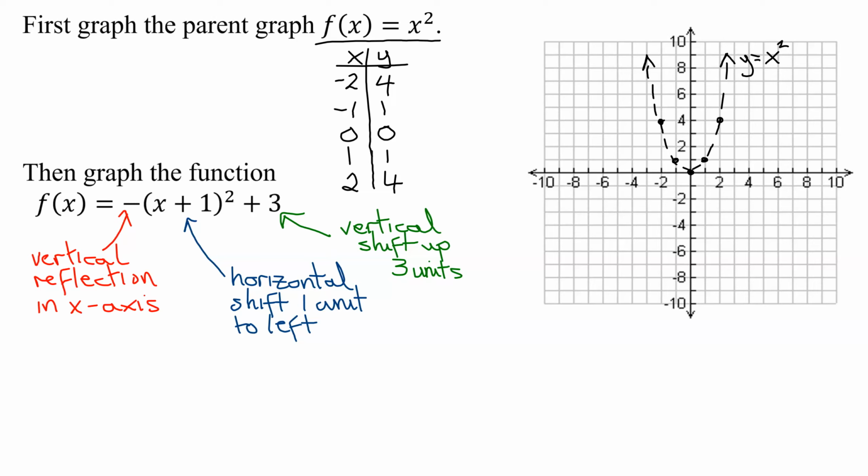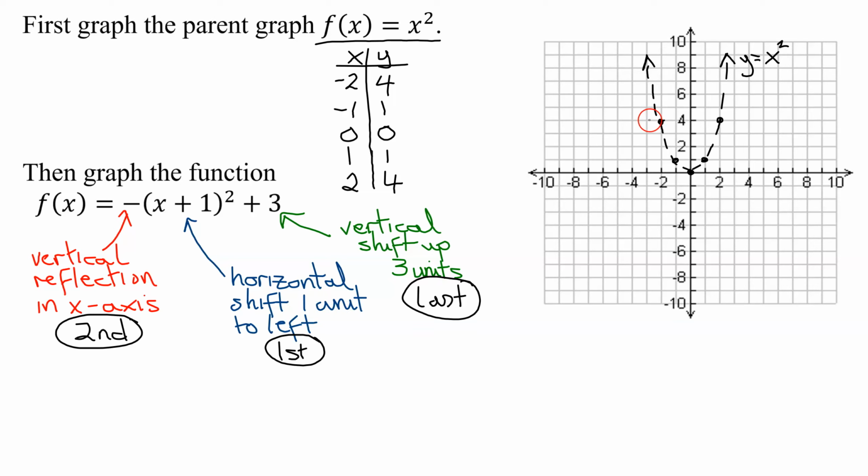So do we have a horizontal shift? Yes, this one has to be done first. And a vertical shift has to be done last. So that means the vertical reflection has to be done as the second thing. So I'm going to shift all my points 1 unit to the left.